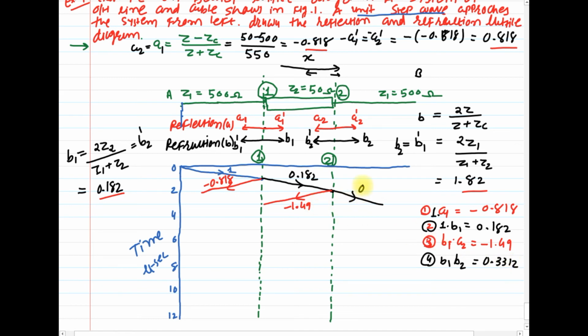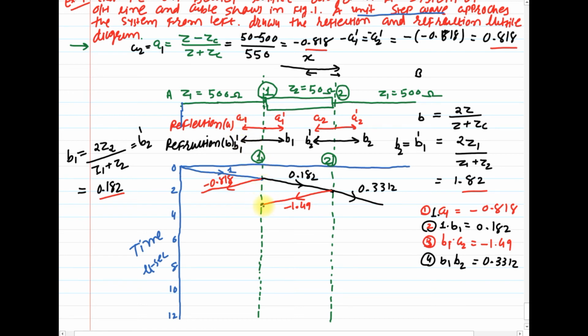So I will write over here 0.3312. Clear? Now the wave has reached here. We will not get any reflection or refraction at these two points, as there is no line termination. It is the end of the transmission line, so there is an open circuit line, and there is no reflection or refraction you will get over here. Clear?